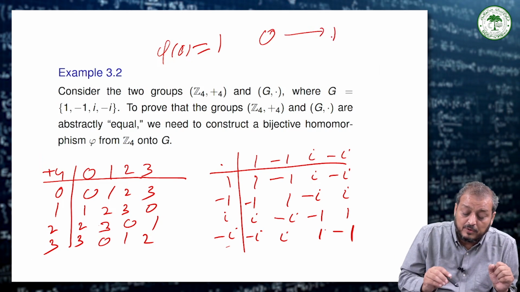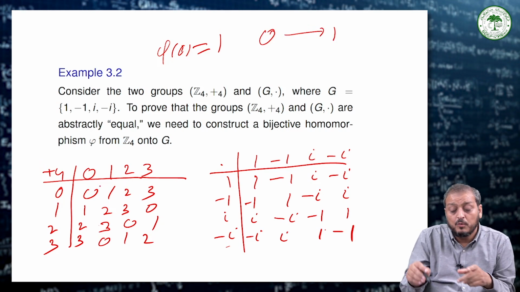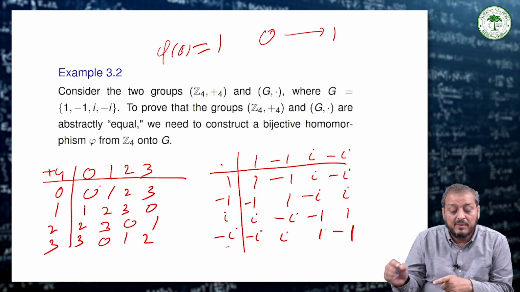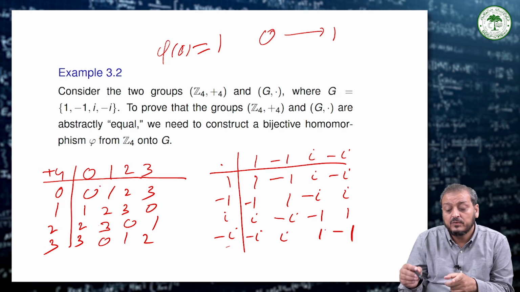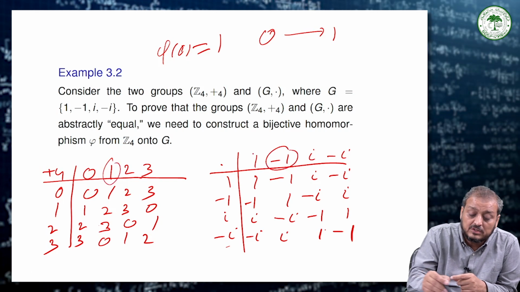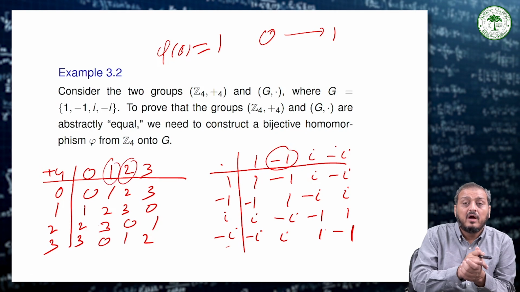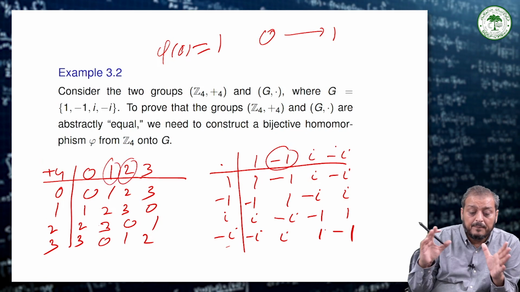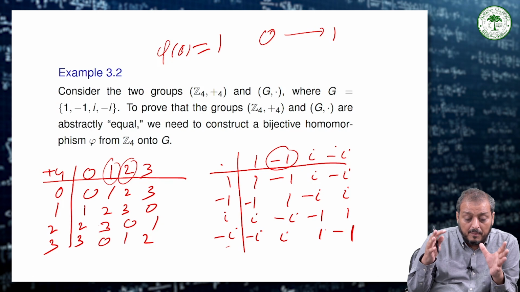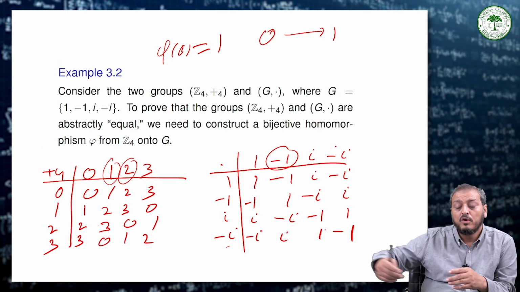Now, we have other possibilities. Suppose phi of 1 is mapped to minus i, and 2 is mapped to minus 1, and 3 to i. There is also a possibility that 1 is mapped to i and 2 to minus 1, and so on. So, we have to try to construct a bijective homomorphism phi from Z4 onto G.